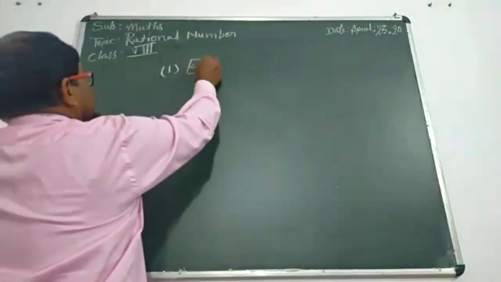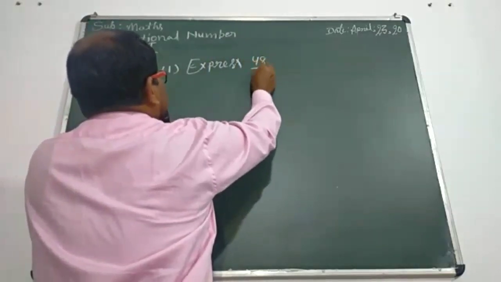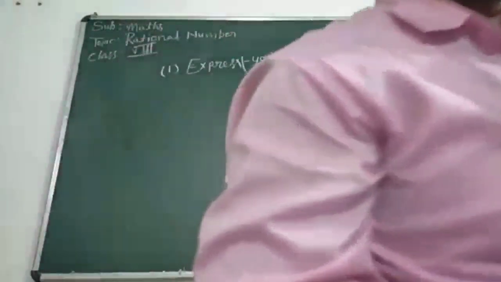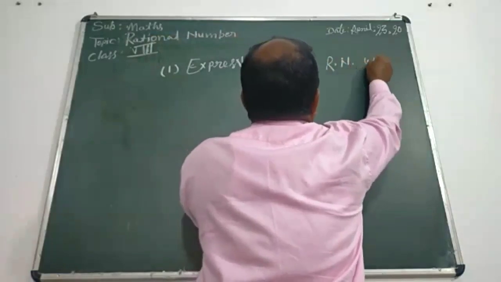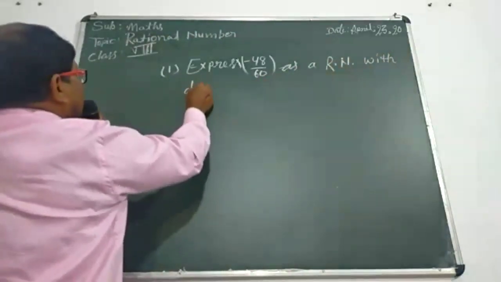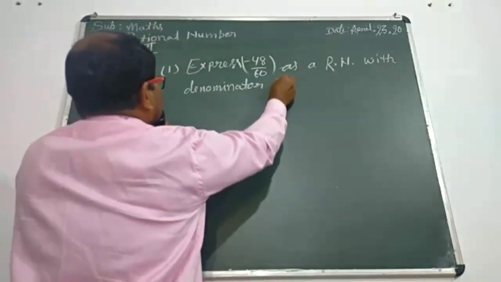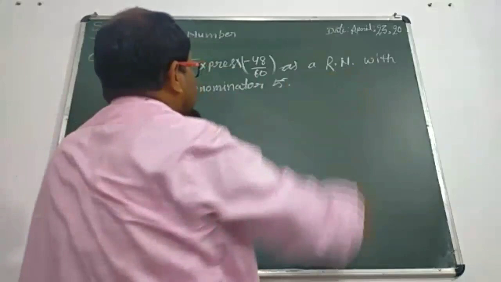Express 48 upon 60. Express minus 48 upon 60 as a rational number with denominator 5.